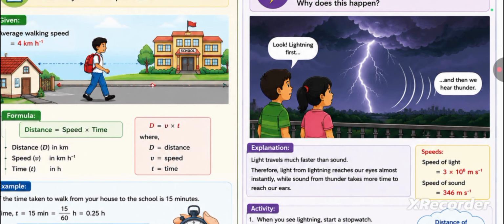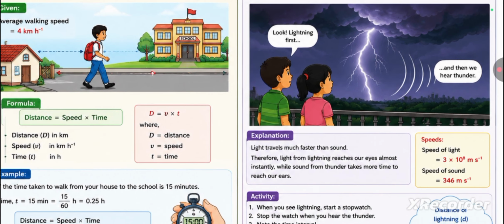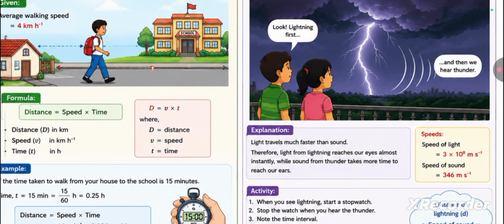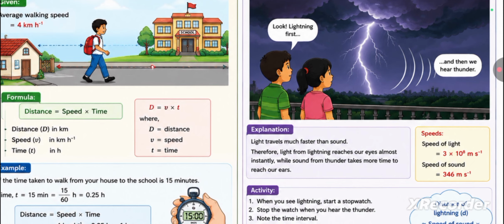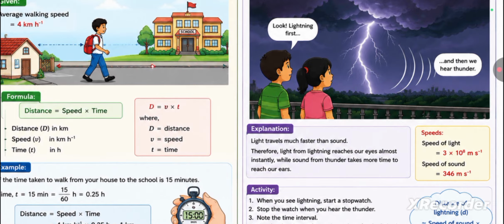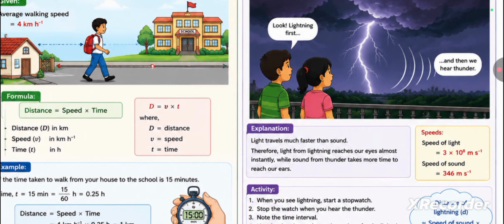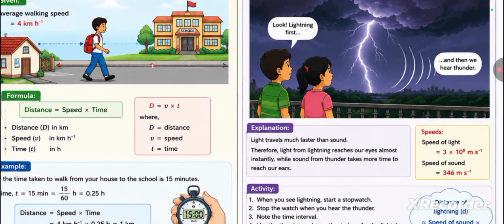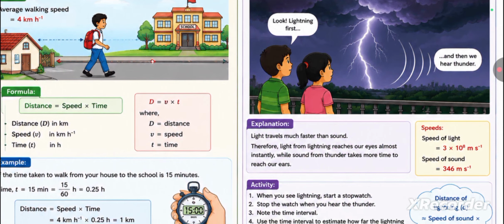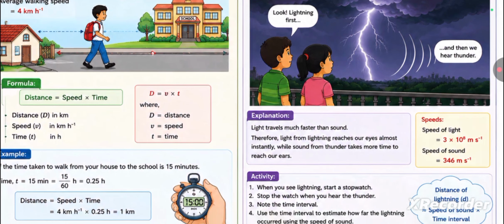Look, we see lightning first and then hear thunder, because light travels much faster than sound. So light from lightning reaches our eyes almost instantly, while sound from thunder takes more time to reach our ears. The speed of light is 3 into 10 to the power of 8 meter per second. The speed of sound is 346 meter per second.